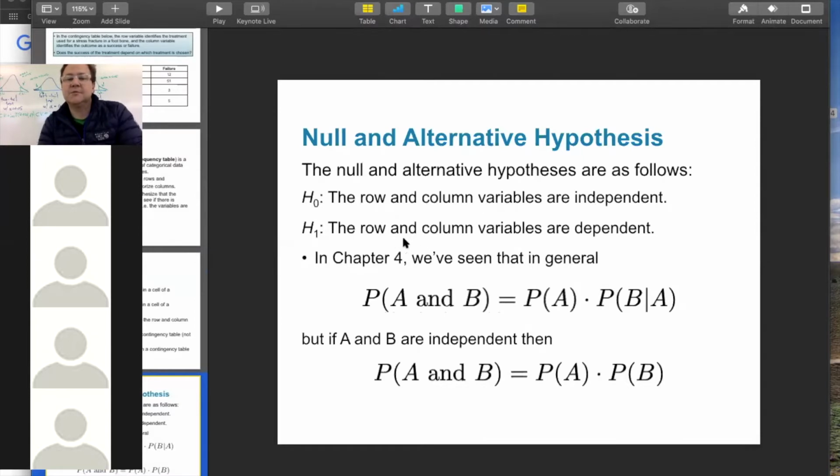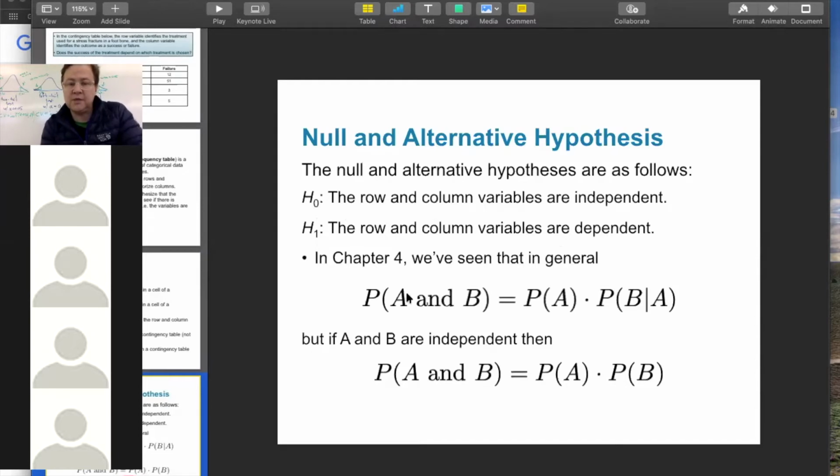The alternative is that the row and column variables are dependent. So that'll always be the same in chapter 11-2. Anytime we're doing a test for independence with a contingency table, H naught, the row and column variables are independent, will always be the null hypothesis. Row and column variables are dependent will always be the alternative hypothesis.